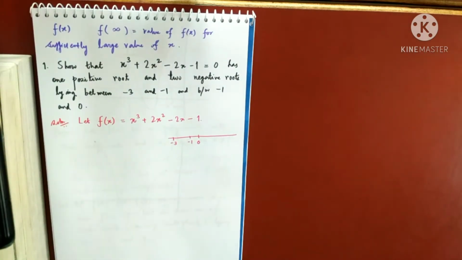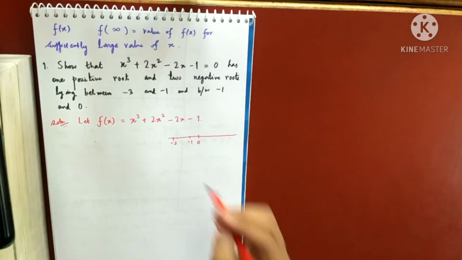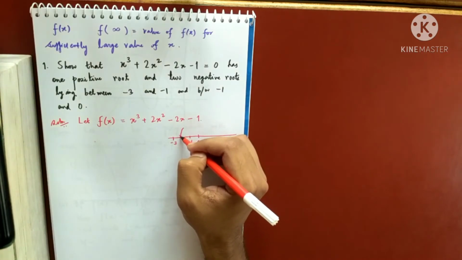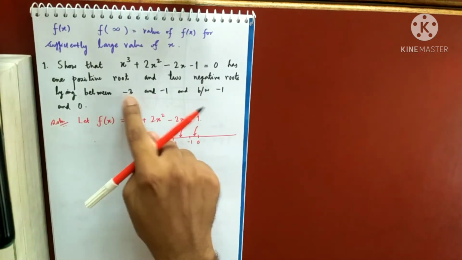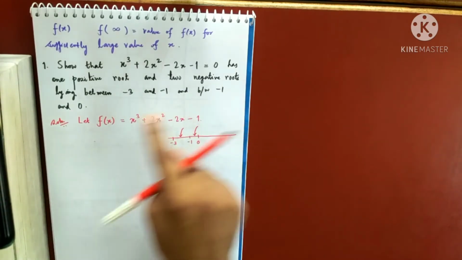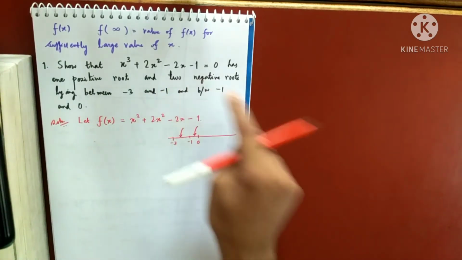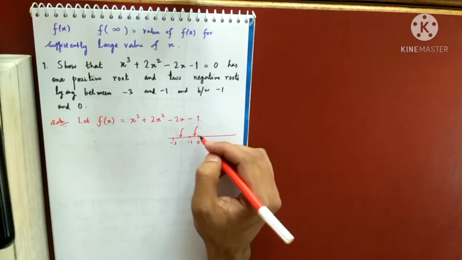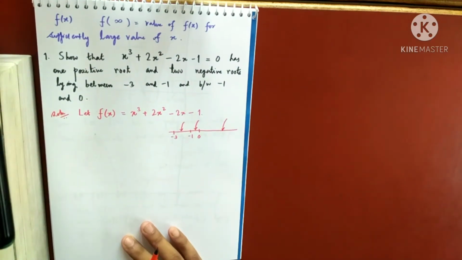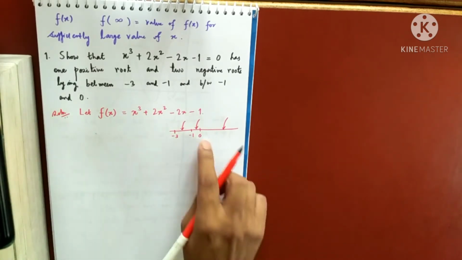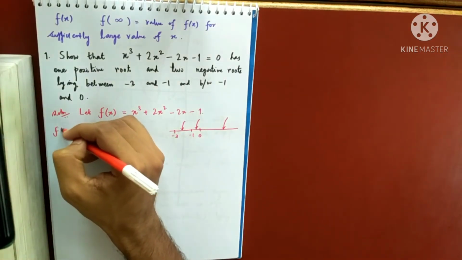So first of all, I want to show that there lies a root, because there are two negative roots, one between minus 3 and minus 1, one between minus 1 and 0, and one is positive, that means after 0. So anywhere after 0.